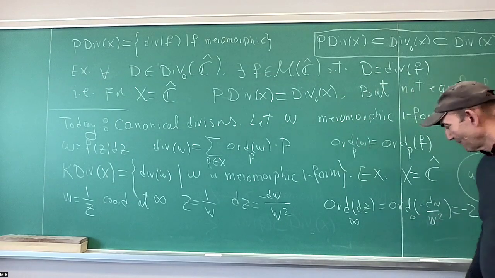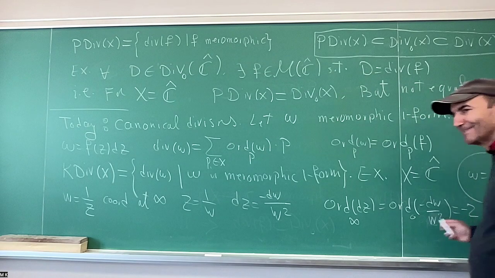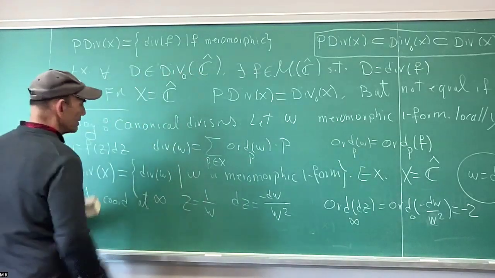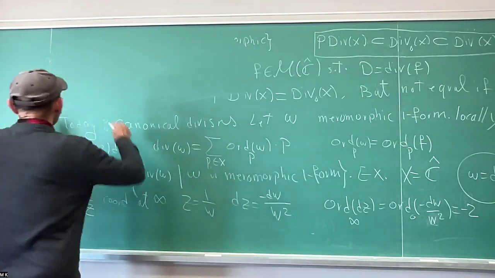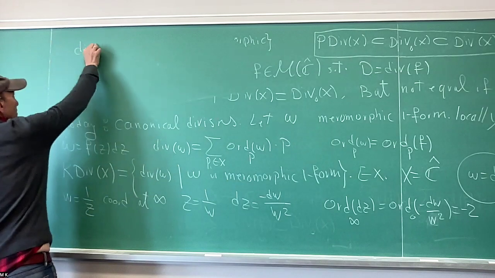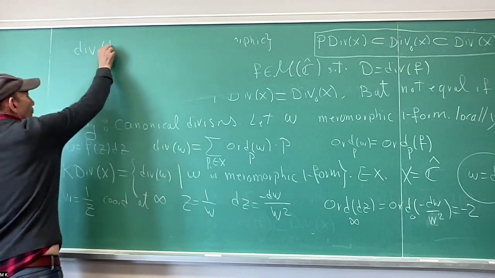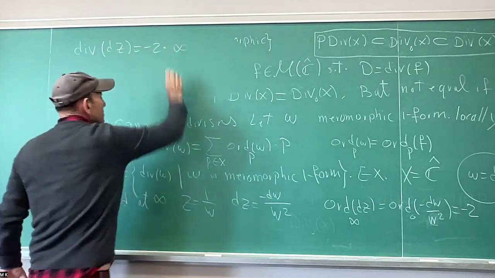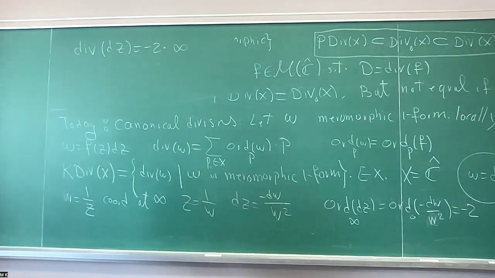So this is minus 2. Now we can say what the divisor is. The divisor of this meromorphic one-form dz is minus 2 times infinity, because there are no other zeros or poles. At all other points, it is absolutely pole-free and zero-free.